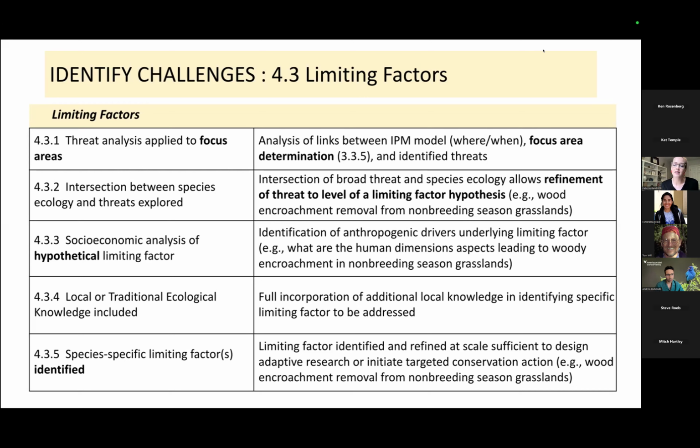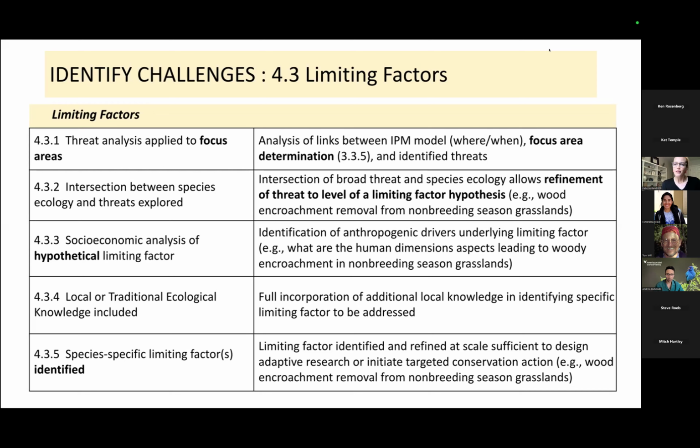And then number 5, being able to input a 2 into the wheel spreadsheet for number 5 would mean that as a working group, you agree that the limiting factor has been identified and refined to a scale that allows the working group to start targeted conservation action, and then also to monitor the impact of that action on the species and be able to move towards an adaptive research approach where we're implementing actions and assessing the impact.